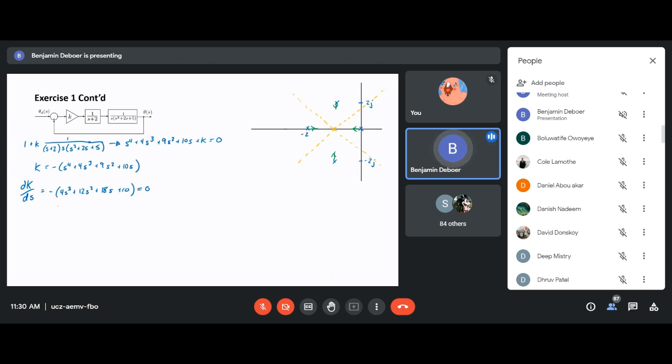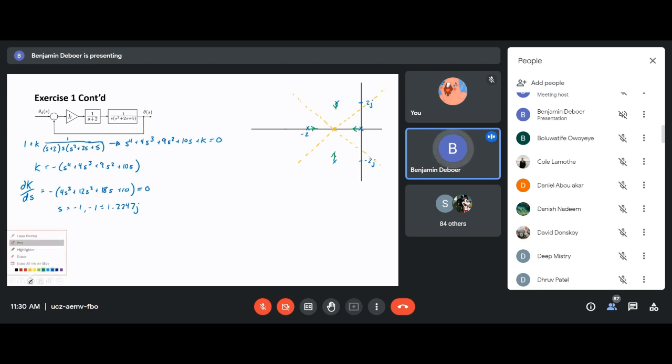That gives you values of s equal to negative 1, as well as s equal to negative 1 plus or minus 1.2247j.